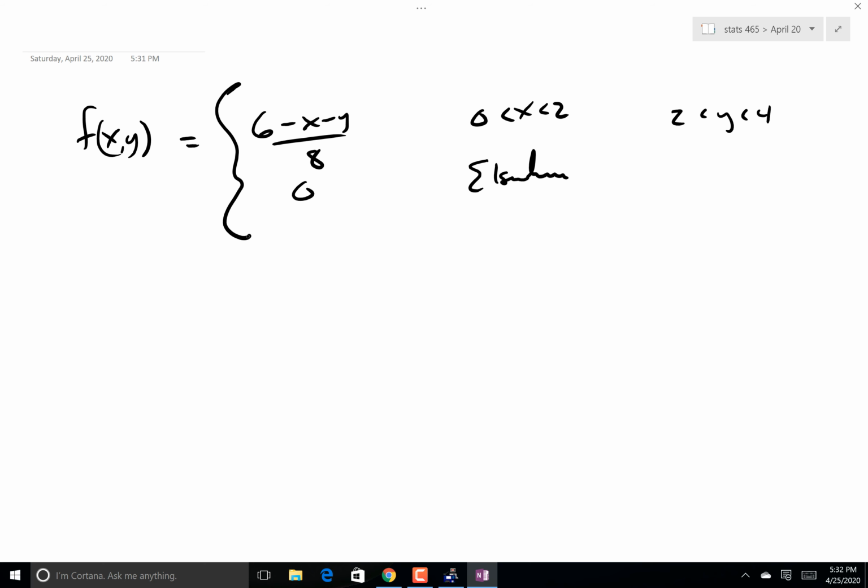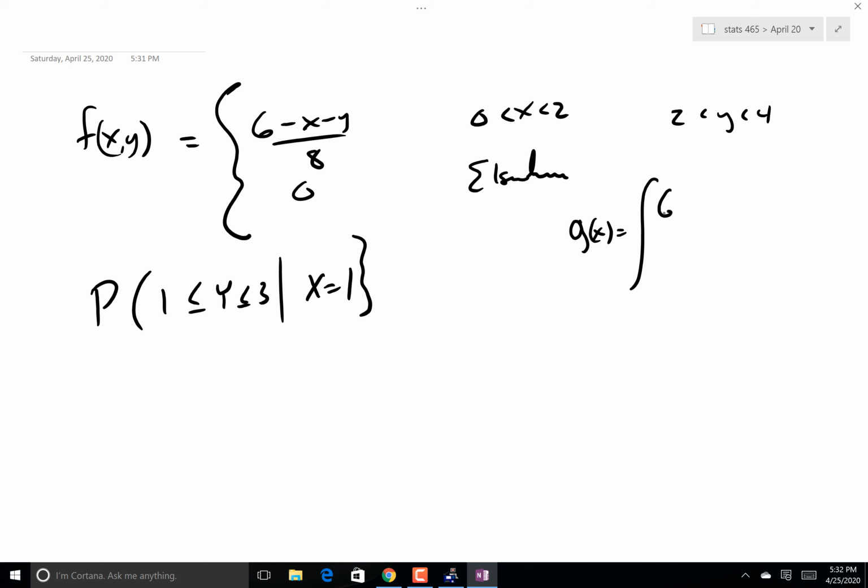First of all, it wants the probability that 1 is less than y is less than 3, given that x is equal to 1. Cool. Well, let's see what happens here. First, I need a marginal of x. So we know that's the integral of 6 minus x minus y over 8 dy from 2 to 4.